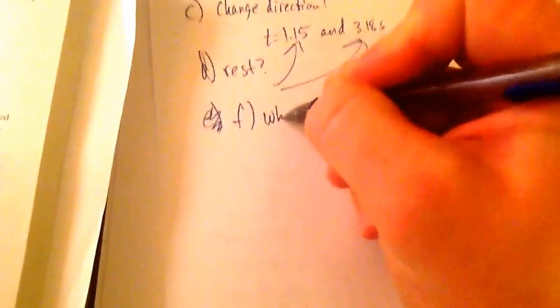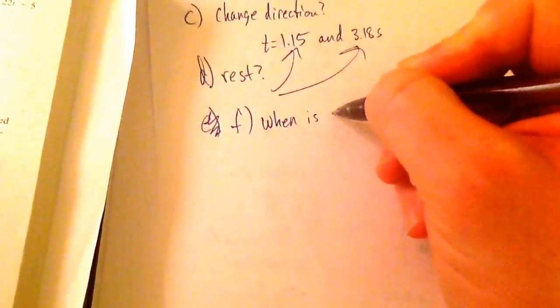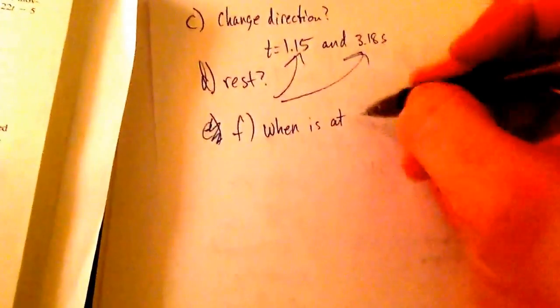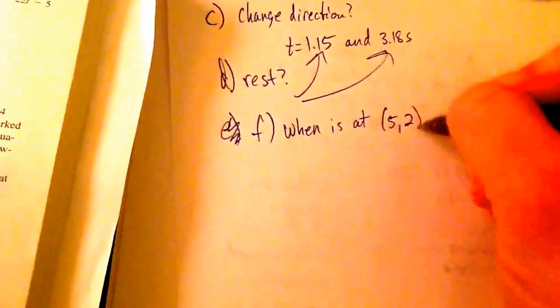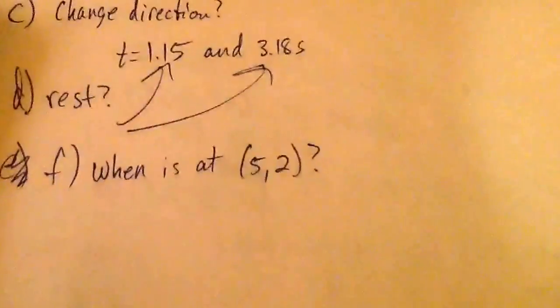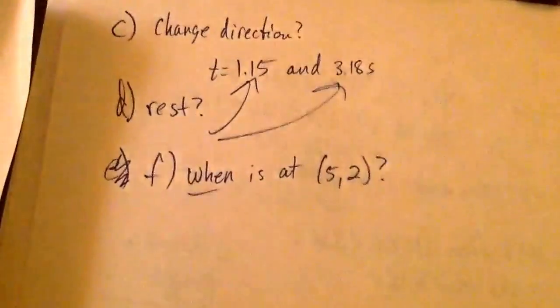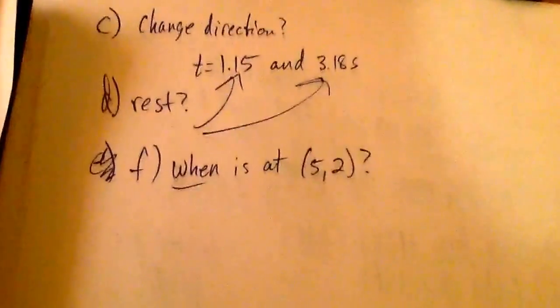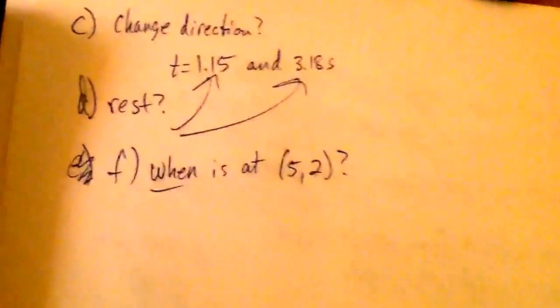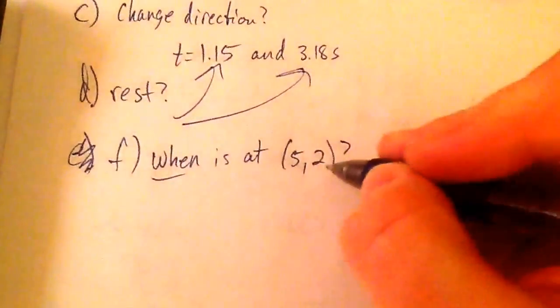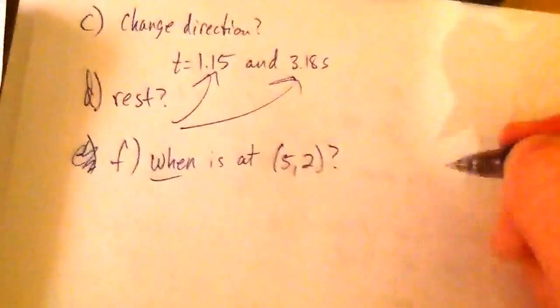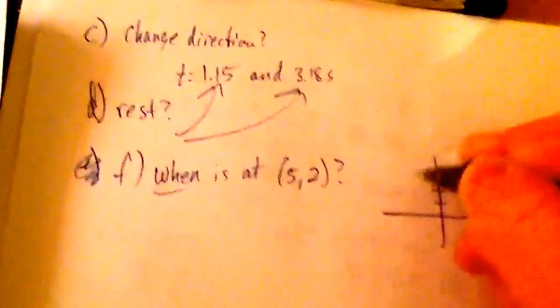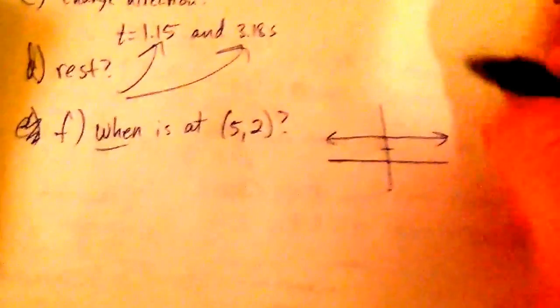When is it at (5, 2)? So anytime it asks when, you're going to be solving for t. Now you just got to decide are you going to use your position function or your velocity function. Well, they told us it moves along the line y equals 2.